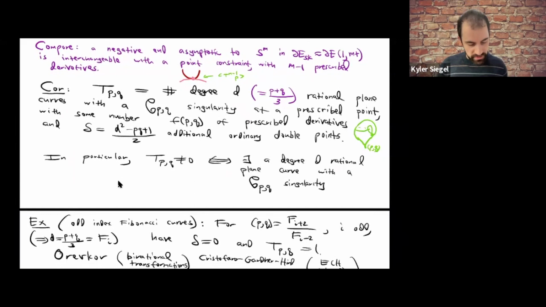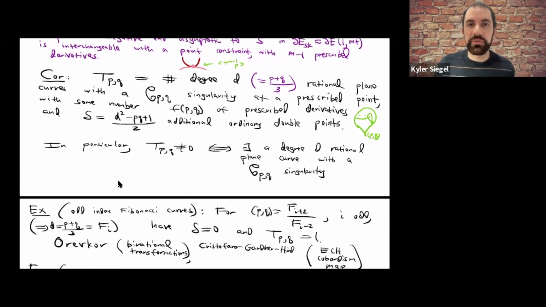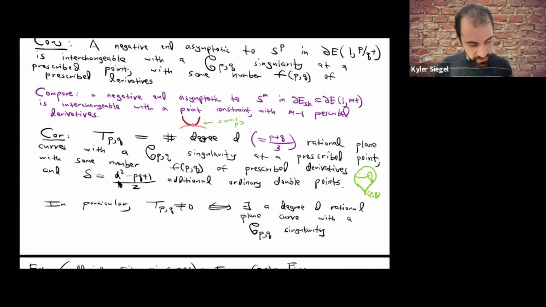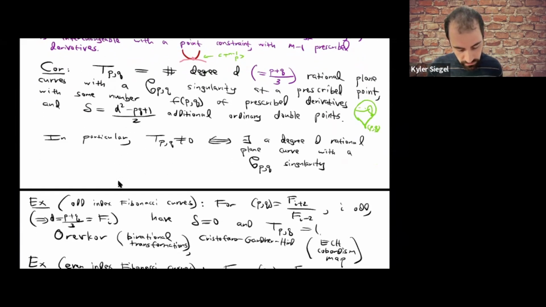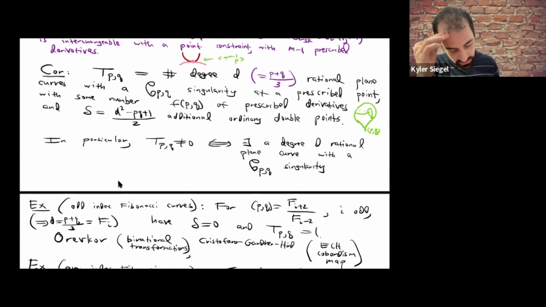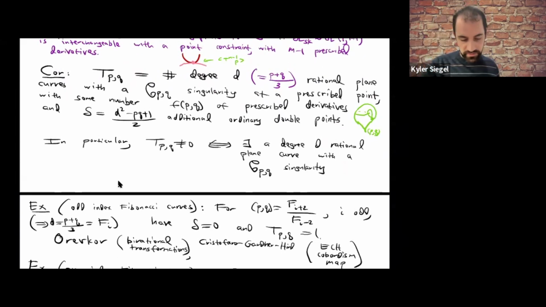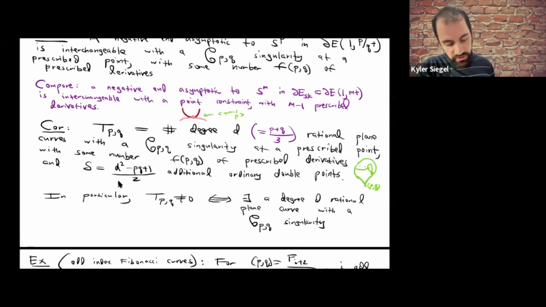Okay, so let me give a few examples illustrating this corollary, and then hopefully at the end I want to state a new formula for T_PQ. But first, let me give a few examples which illustrate how this corollary might be used.